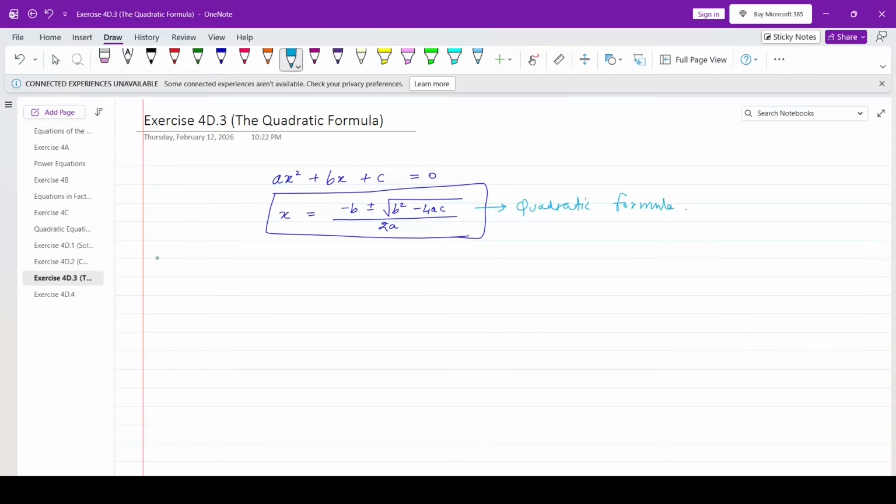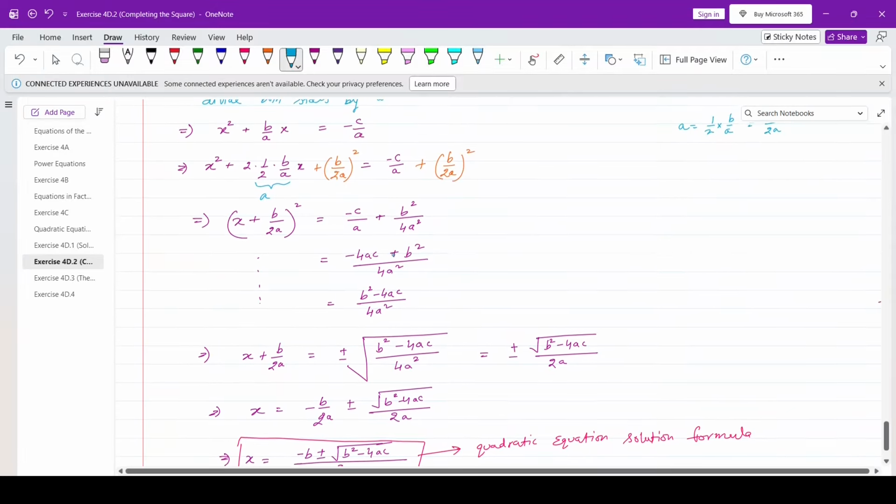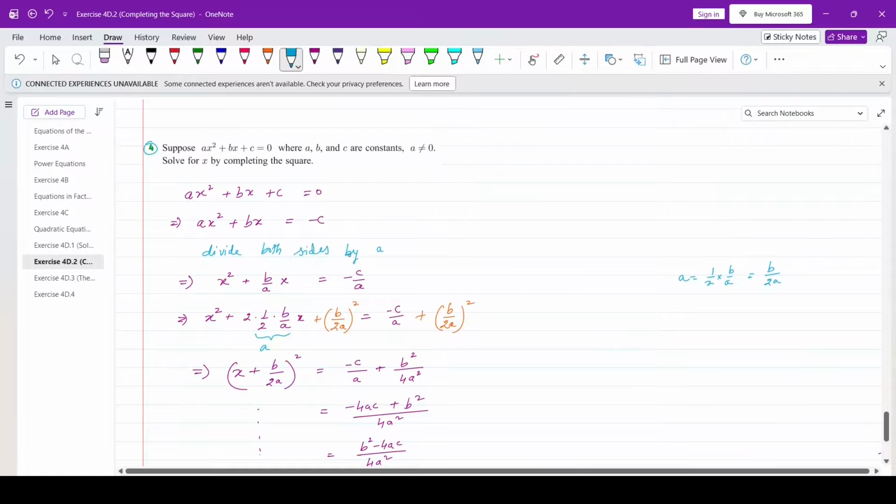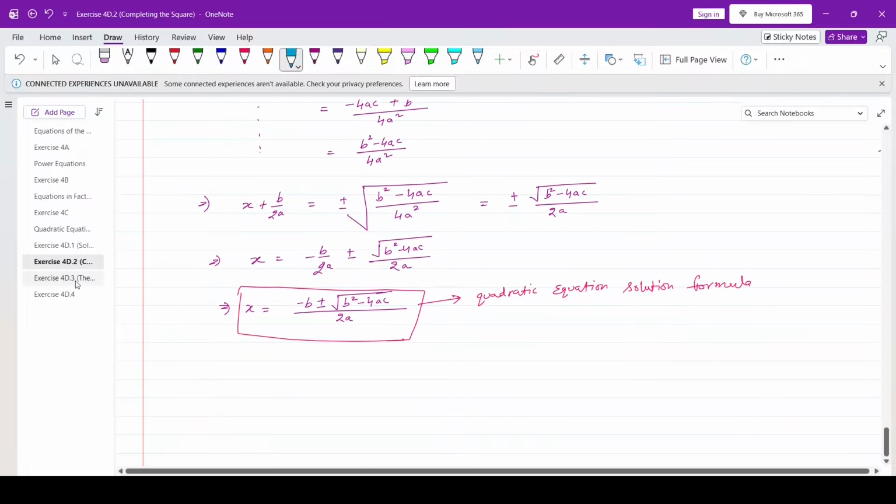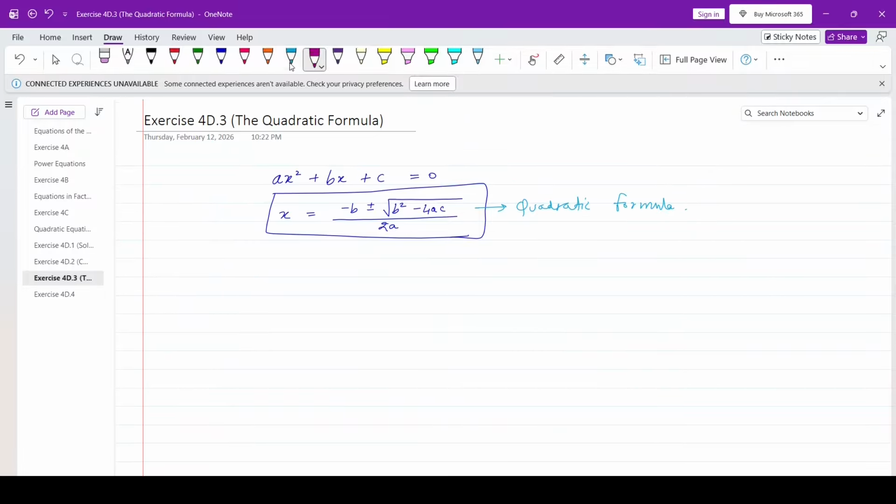And we have derived it ourselves in this last question of exercise 4D.2. So let's solve some questions based on this formula.